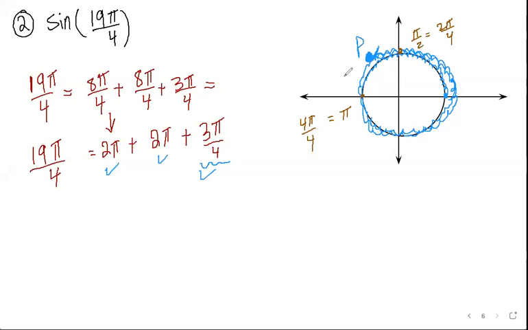So 3 pi over 4 is between 2 pi over 4 and 4 pi over 4. So the point will be here, and we stop here. Like walking around the unit circle one time, then again one time, then go back to this point. So this is my terminal point, P of x comma y.